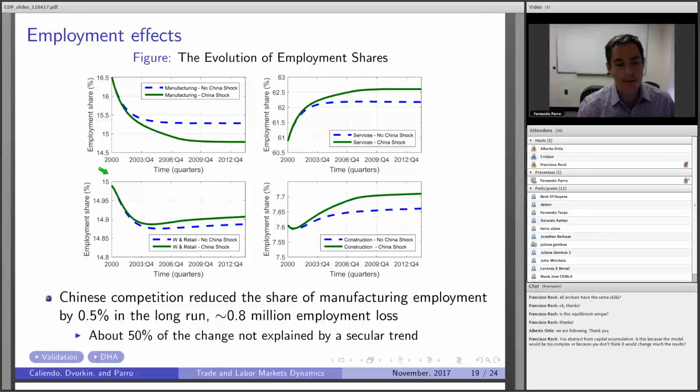In terms of the numbers, we find that increased import competition from China reduced the share of manufacturing employment by about 0.5% in the long run, which is equivalent to about 800,000 manufacturing jobs lost, and also equivalent to about 25% of the observed decline in manufacturing employment over the period 2000 to 2007.